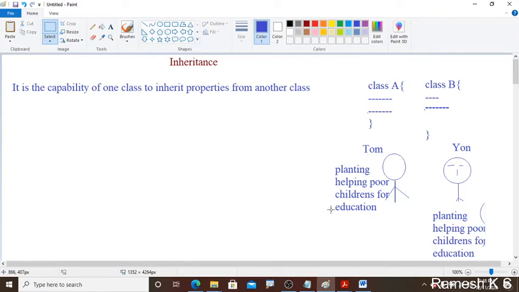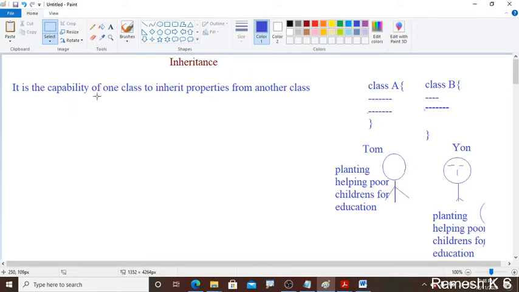So now this class has the capability of planting a tree and helping poor children. We are inheriting these properties to this class. Assume this is one class, this is another class. This class's properties we are inheriting, means we are copying, we are giving, we are transferring to this class. So technically we are speaking in this manner.